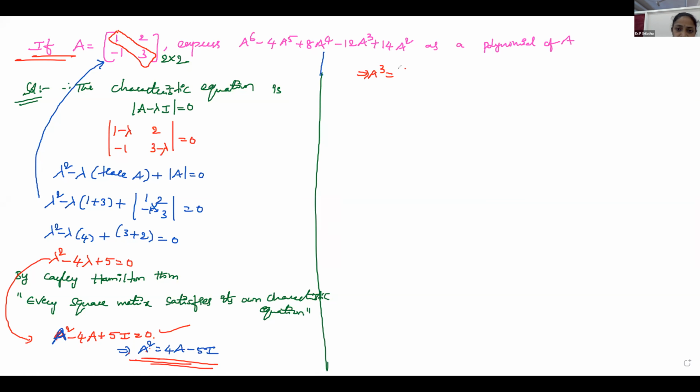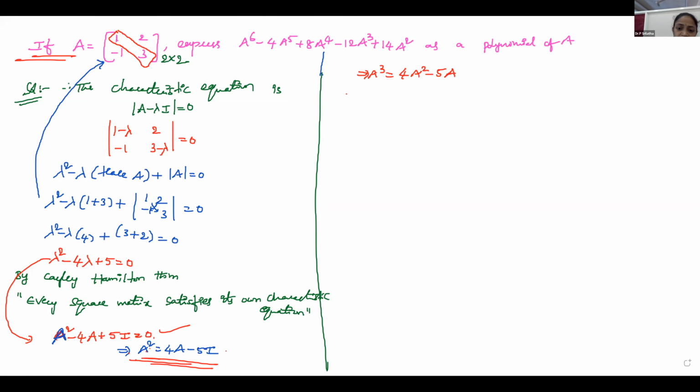If you multiply with a on both sides, you will get a cube equal to 4a square minus 5 into i into a. So i into a is nothing but a. So a cube equal to 4a square minus 5a.